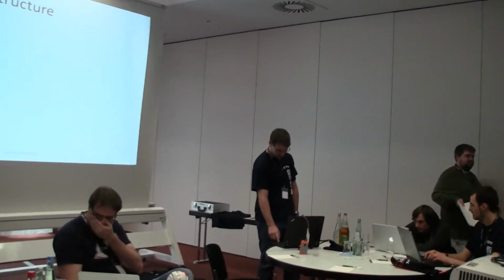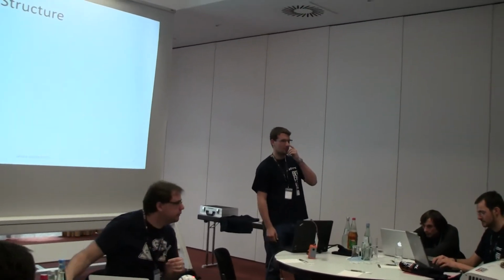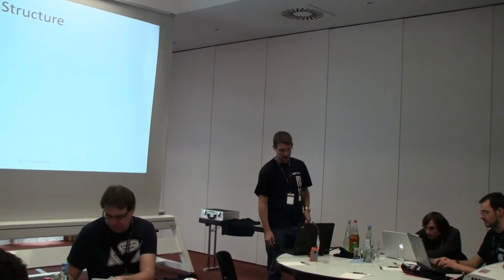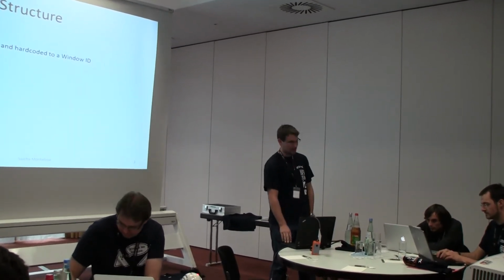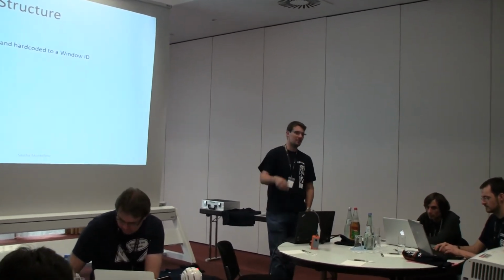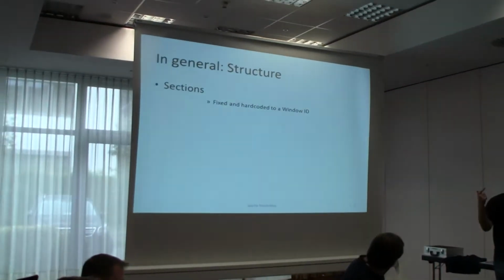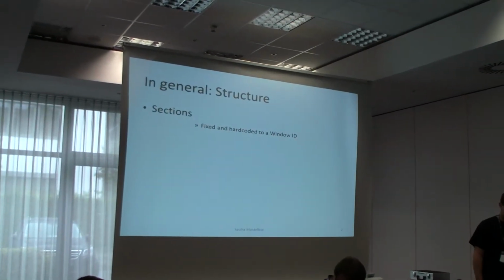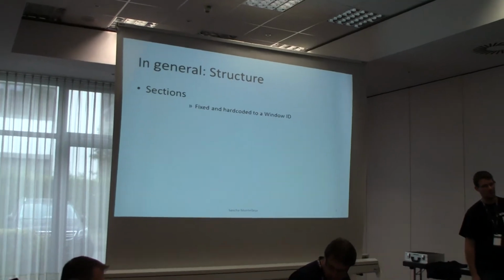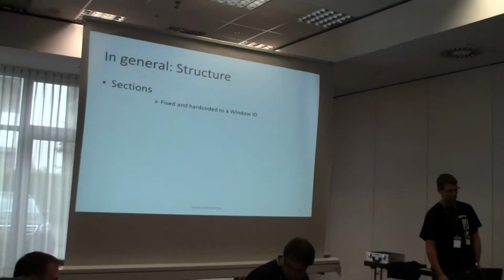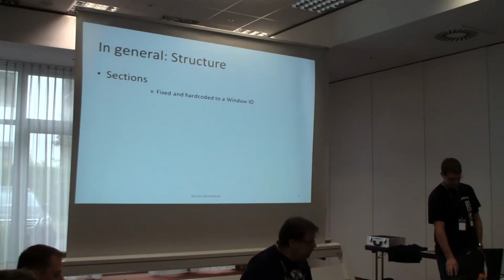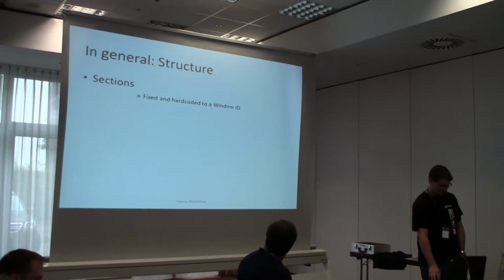So, just an overview of what we actually want to have in the end. We have sections, like if you go into settings, you have appearance, video, music. These are kind of hard-coded because you have actual window IDs for every section. Not much to do there.